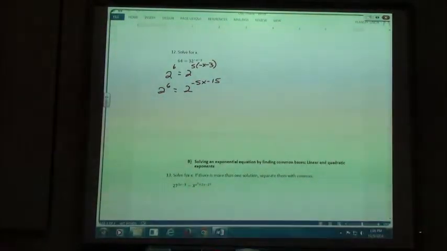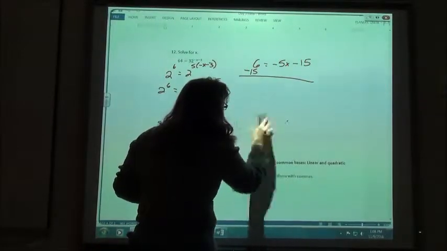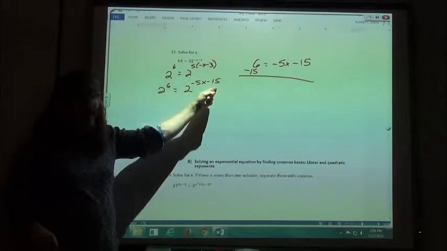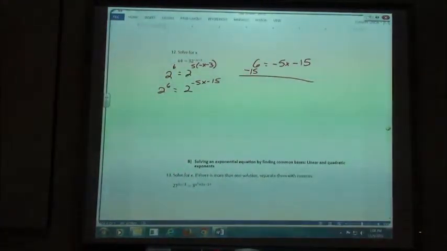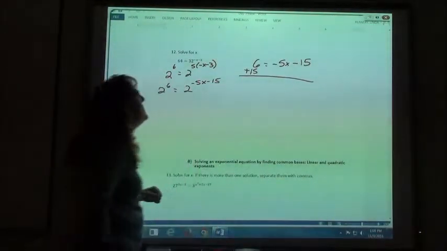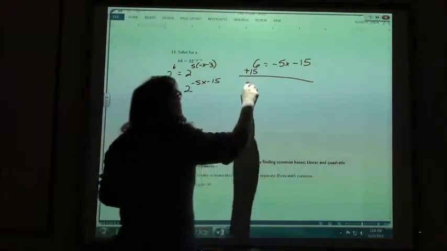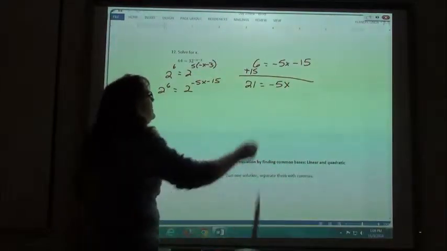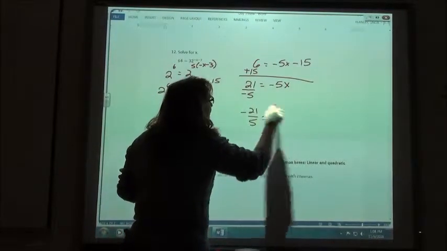And now that they're both base 2, we can ignore the 2's. It should have been negative 5x minus 15 when I rewrote it over there. Okay, that means we got a plus 15 instead. That'd make a difference, wouldn't it? So 6 plus 15 would give me 21 equals negative 5x, and then I'm going to divide by negative 5. There, now we probably have the right answer.